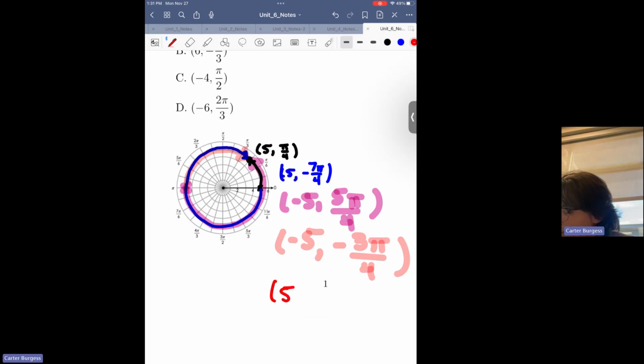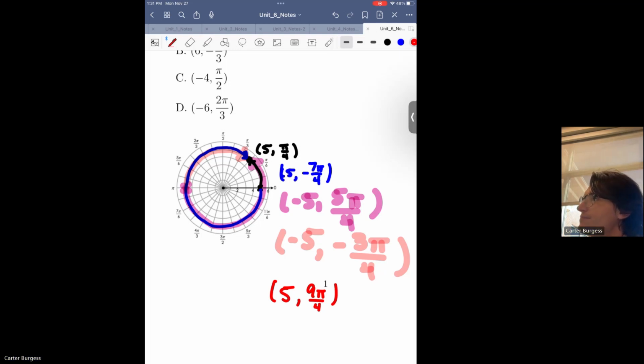So this would be like 5, and then 9 pi over 4 would represent going all the way around my circle once, and then an additional pi over 4 to get to exactly where we see right here. And we could, of course, add or subtract 2 pi to any of these angles, and they would take us again to this exact terminal point that we see.